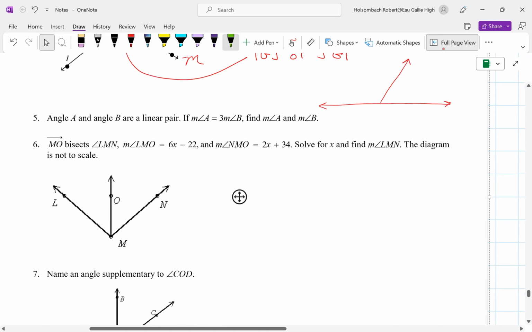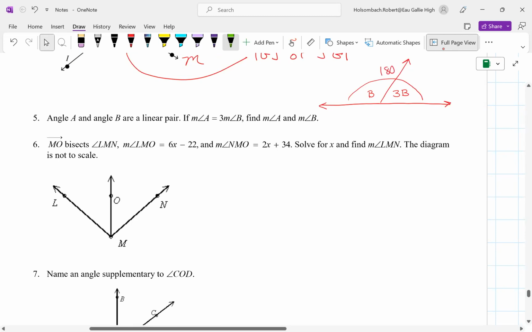If the measure of angle A is equal to 3 times the measure of angle B, angle A is 3 times the measure of angle B. Find angle A and find angle B. So if we call this angle B, then the other angle has to be 3 times angle B. So this angle has to be 3 times B. What do these two have to sum? These two have to sum 180.